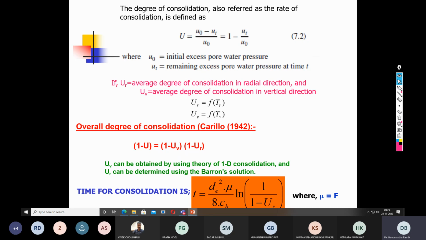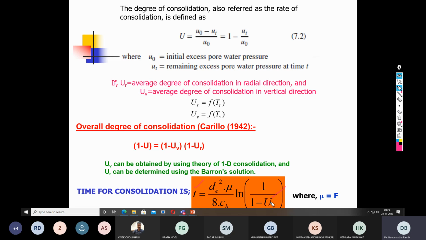In the case of radial consolidation, one of the most important factors is how much time is required to achieve a consolidation of 90%. So this is the equation, you can use it: the time required for achieving the desired degree of consolidation. So this is T and this is UR, but this is only related to the radial consolidation.